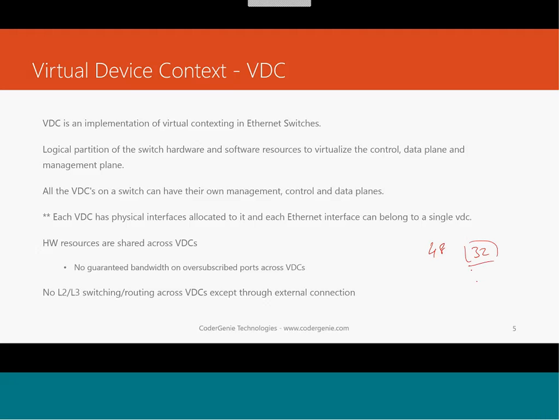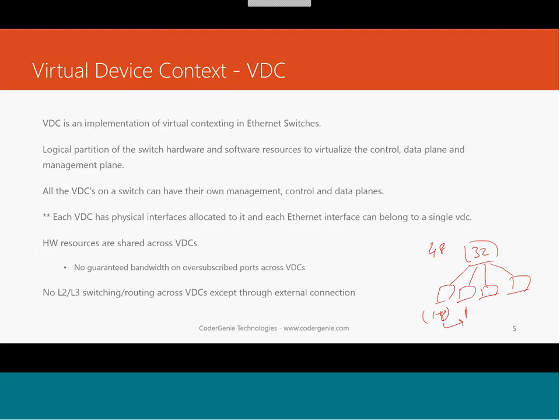You can have 8 ports, 8 ports, 8 ports, and 8 ports distributed in each VDC, right? But if you have port number 1 to 8, you cannot have the same port number part of VDC 2. It cannot happen. It will only be allocated to one single VDC at a time, right?